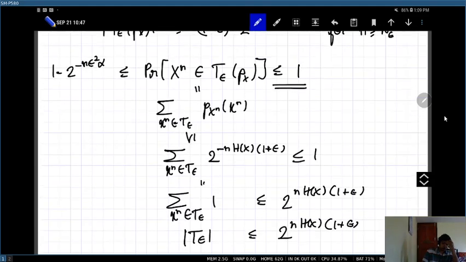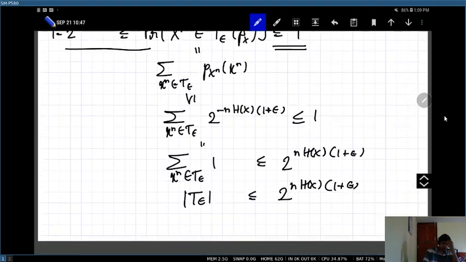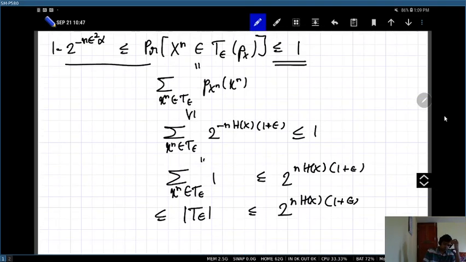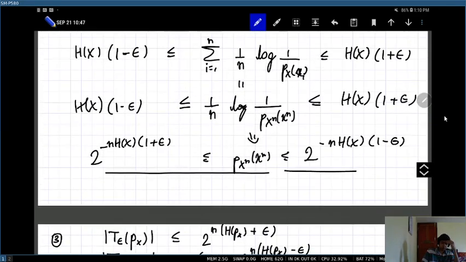And using a very similar technique on this inequality, we get that the size is also greater than or equal to 1 minus 2 to the minus n epsilon squared alpha times 2 to the n H(X) times 1 minus epsilon, because we'll have to use this inequality in the second part, right?